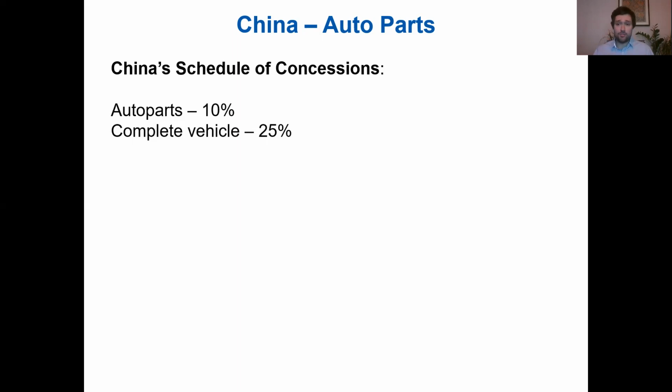But the idea was as follows. For auto parts, for the components, if you introduce components to the territory of China, for them to be used as components, you pay a customs duty of 10%. If you introduce a complete vehicle in the territory of China, you would have to pay a higher duty. It would be 25% and not 10.